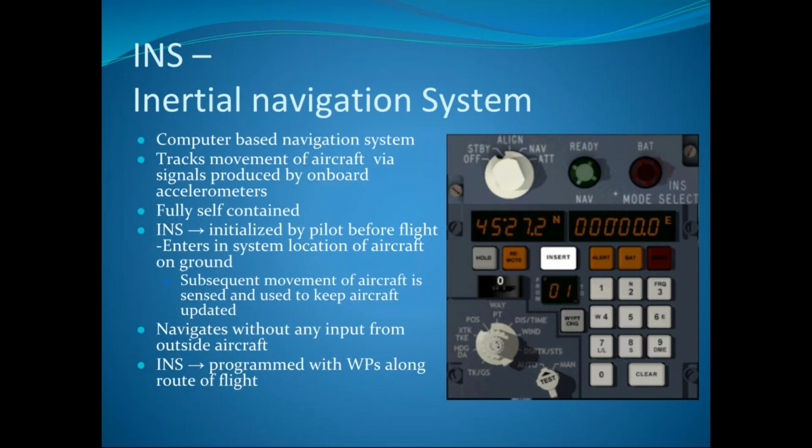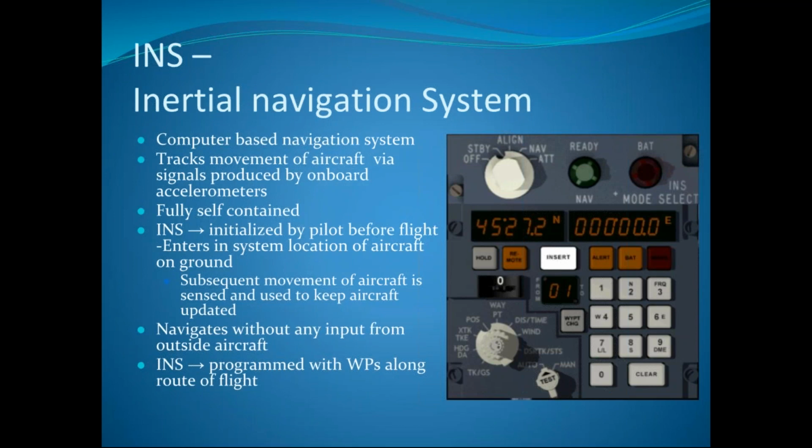So inertial navigation systems. It's a computer-based navigation system. It's part of the system that our GPS and different instrumentation like that uses. It tracks the movement of aircraft via signals produced by onboard accelerometers.